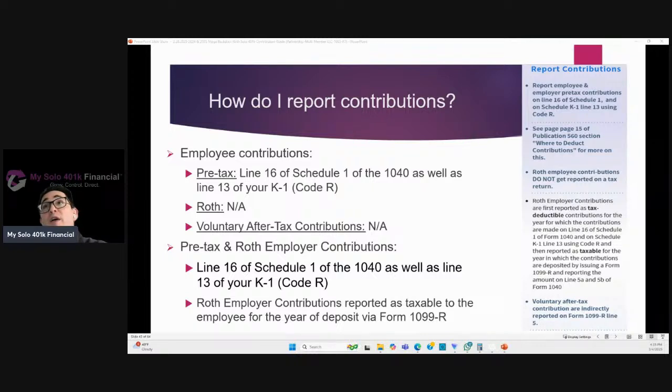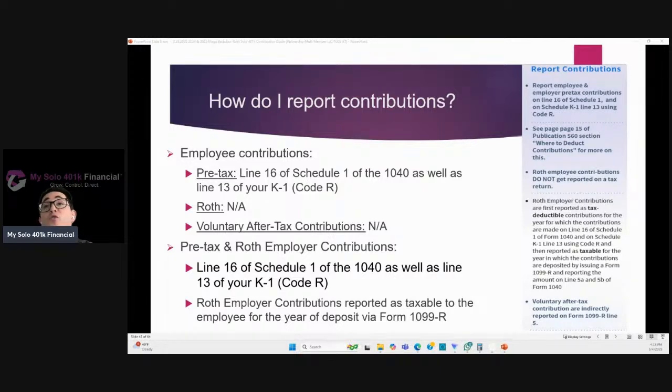So in terms of how do I report employer contributions on my tax return, where my business is taxed as a partnership? Well, regardless of whether it's a pre-tax or a Roth employer contribution, it needs to be reported as tax deductible on the employer's return for the year for which the contribution is made, right?